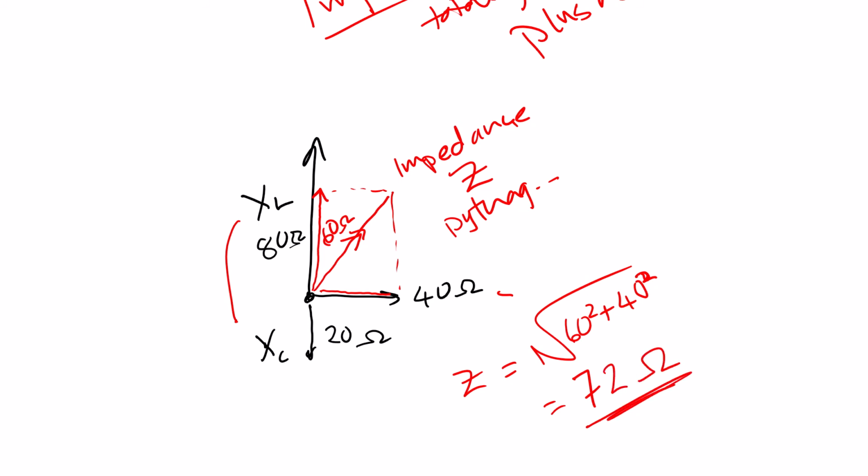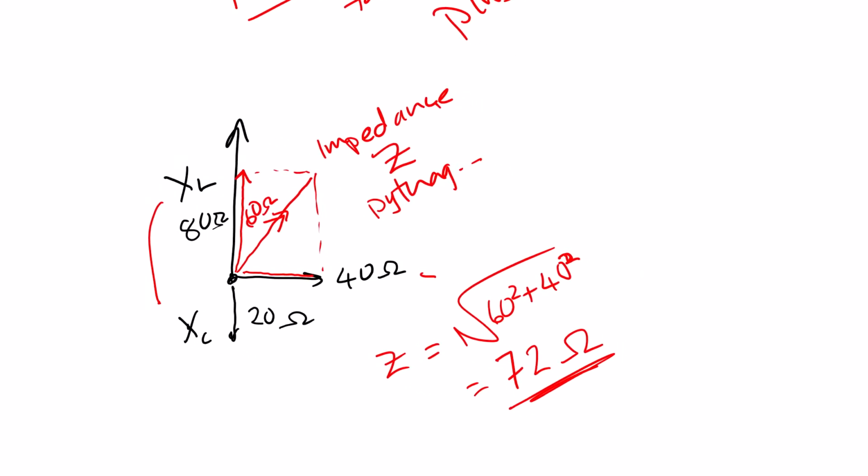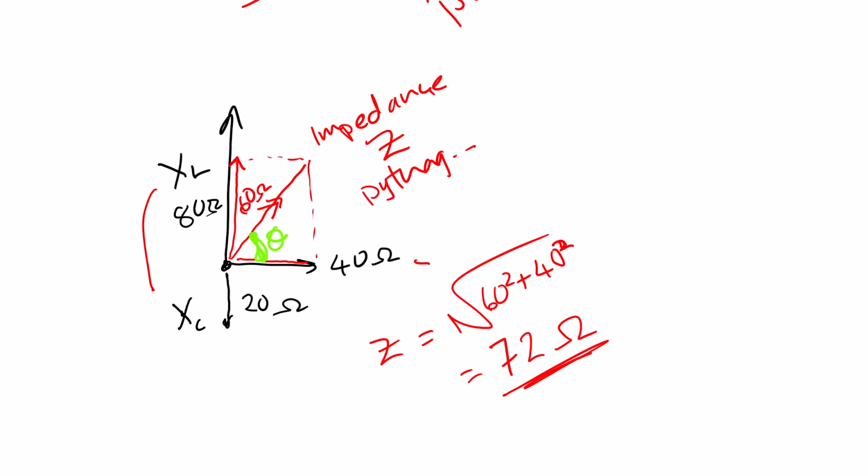So that's the overall impedance. And we will need to then identify this angle here, theta, and we can identify theta by inverse tan of 60 over 40 equals theta, therefore theta is equal to 56 degrees. So we can say the impedance would lead the resistance by 56 degrees, but it's merely a phase difference.